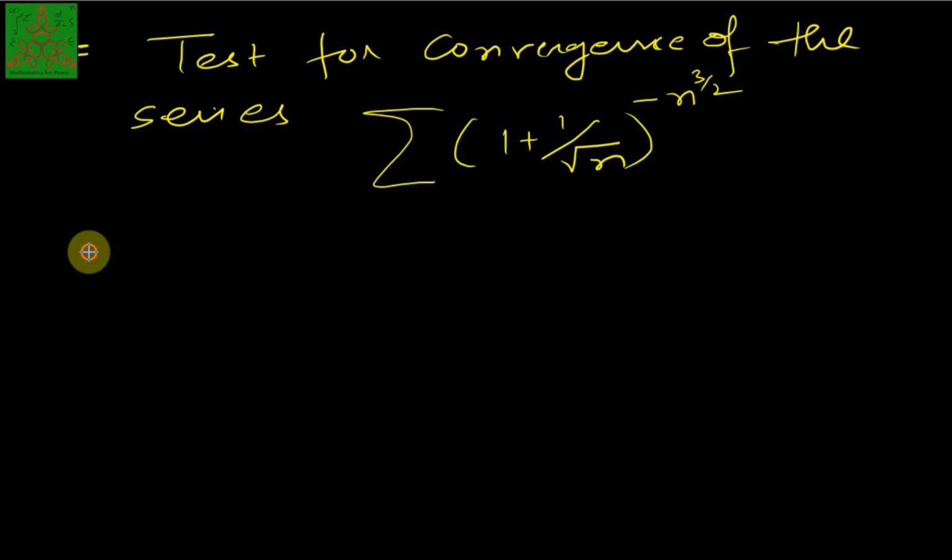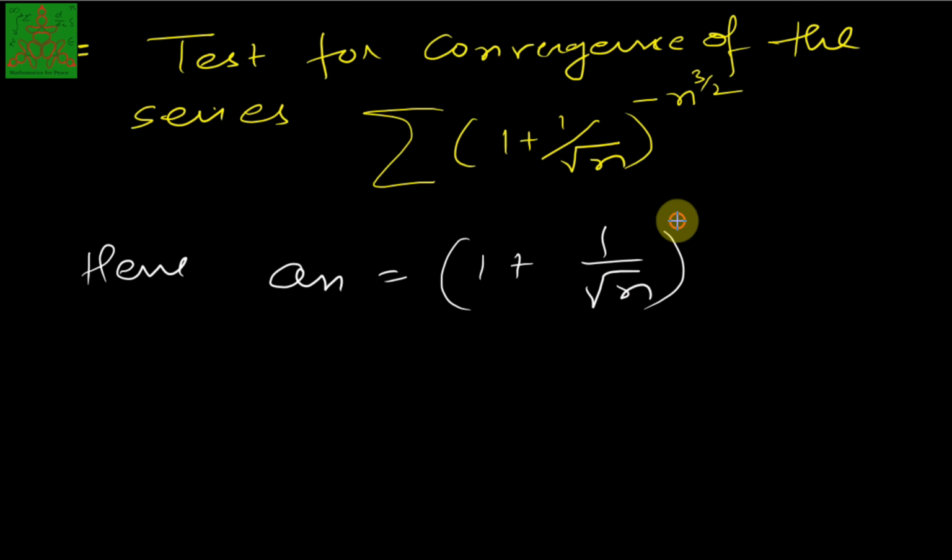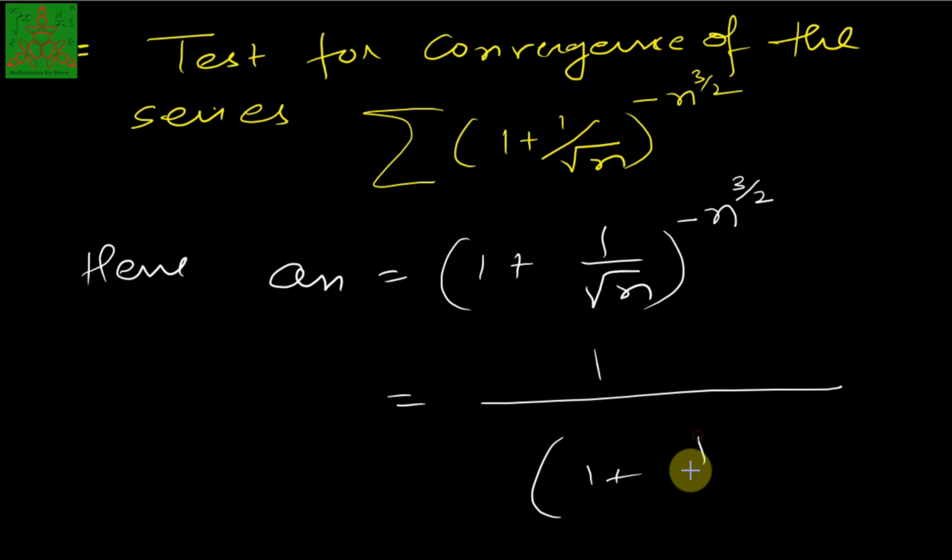Now here, a_n is (1 + 1/√n) raised to minus n^(3/2). That I can rewrite as 1 upon (1 + 1/√n)^(n^(3/2)).